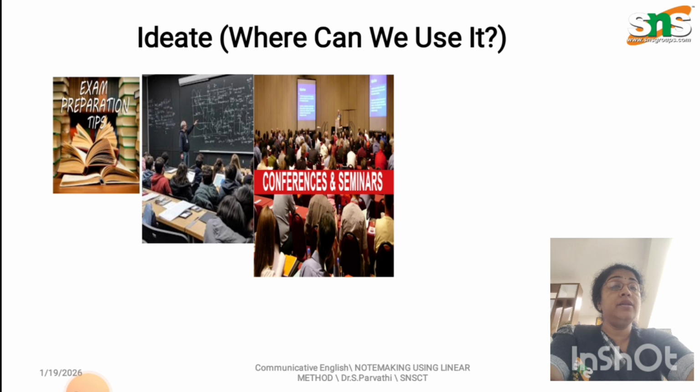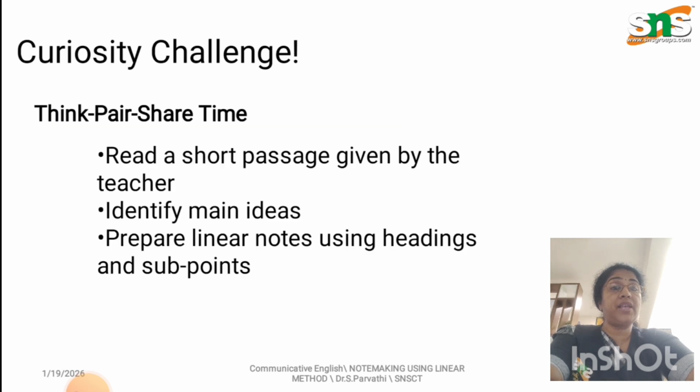The same applies to conferences or seminars, where they may give additional information, reference books, or reference pages. You have to collect all the information and start taking notes. We already told you note making is an art, so use that. And here I've given a curiosity challenge.